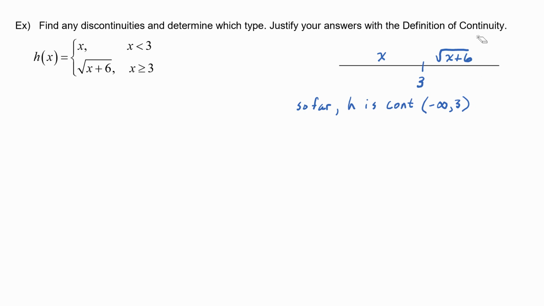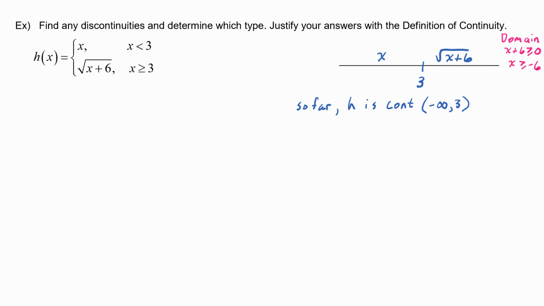Square root of x plus 6, we know that radical functions are continuous on their domains. So as long as we stay within the domain of this radical function, we know this piece will be continuous. Now, the domain of this square root of x plus 6, we know we need x plus 6 to be greater than or equal to 0, which means x has to be greater than or equal to negative 6.